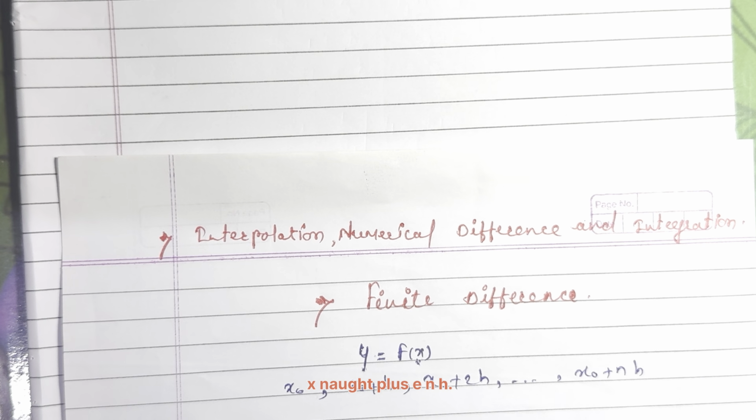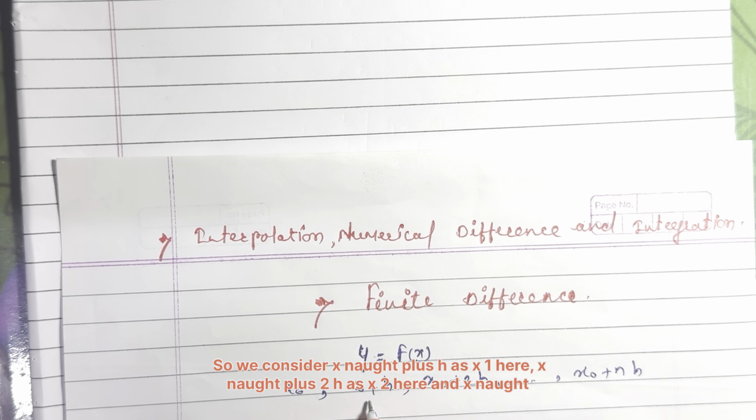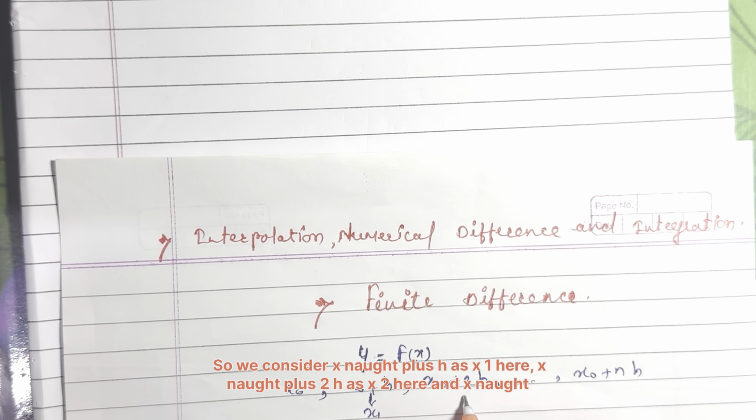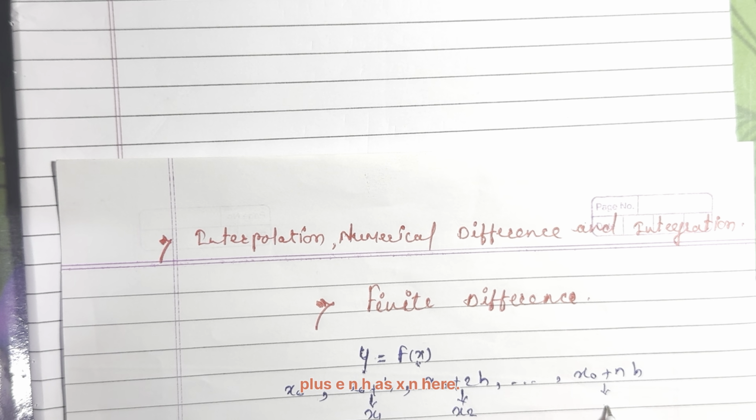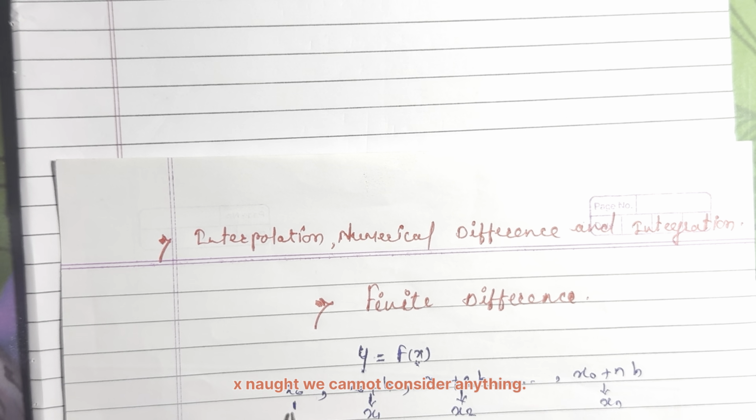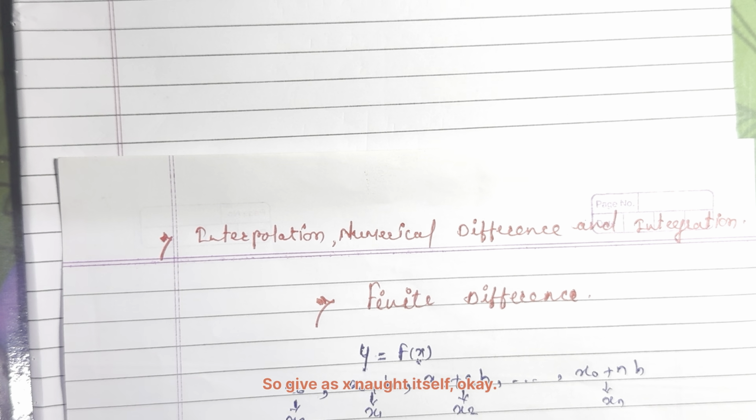We consider x naught plus h as x1, x naught plus 2h as x2, and x naught plus nh as xn. X naught we keep as x naught itself.